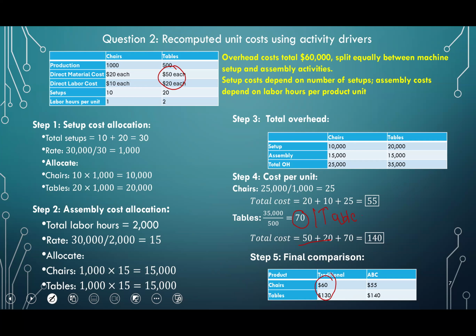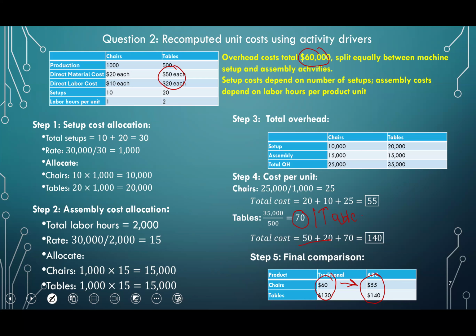Okay. Final thing that we are doing is to compare. Recall from the previous slide that 60 and 130 is what we allocated under the traditional system to chairs and tables respectively. Now we are allocating 55 to chairs and 140 to tables, meaning under the new system, chairs got undercosted and tables got overcosted. Okay, why? Under the old system, we were taking the entire 60,000 and splitting it on the basis of labor hours.